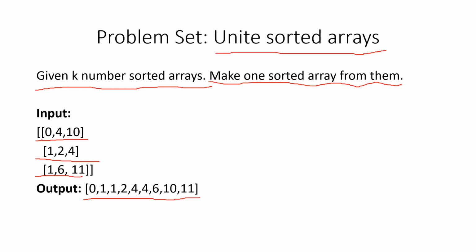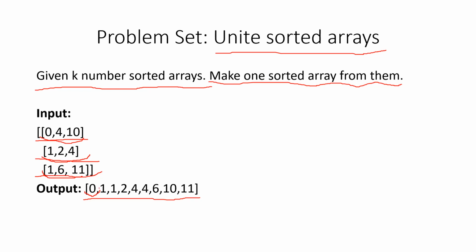So we put all the elements from the first array into the binary heap, then put these elements, then these elements, and on the top of our binary heap, we will have the minimum element, which is 0. So we extract 0 and put it on the first place.